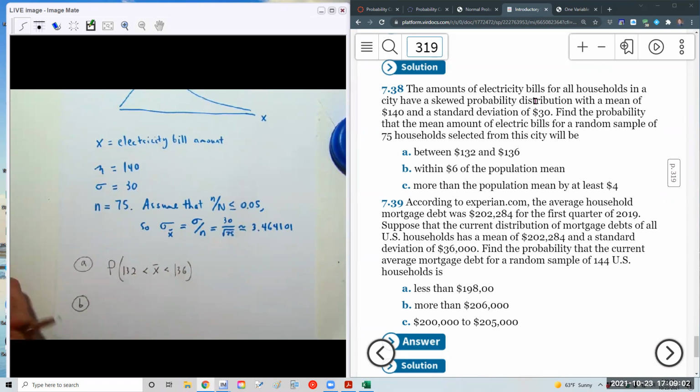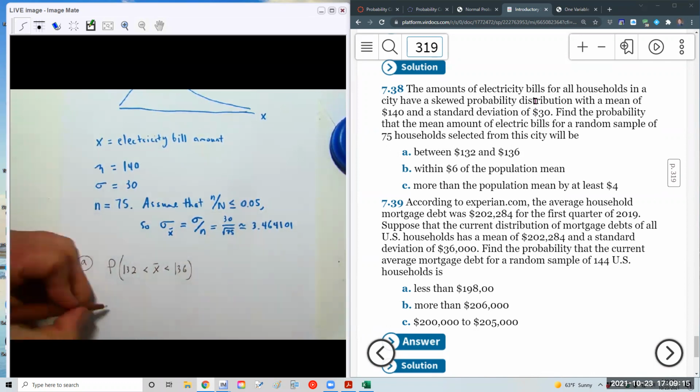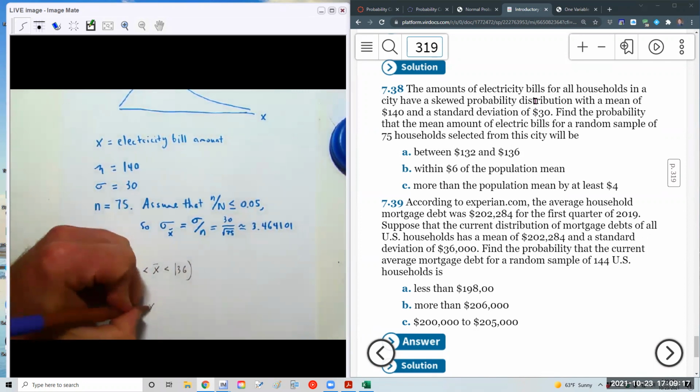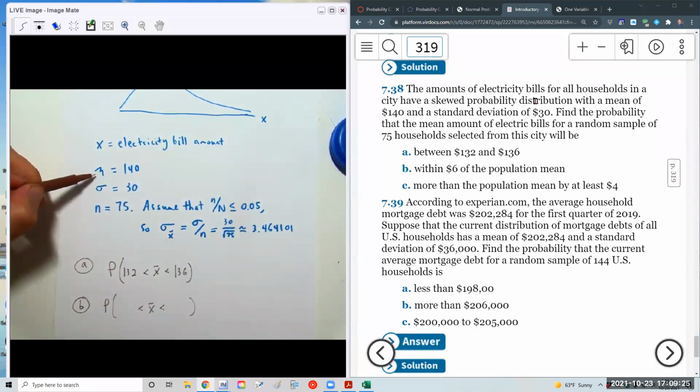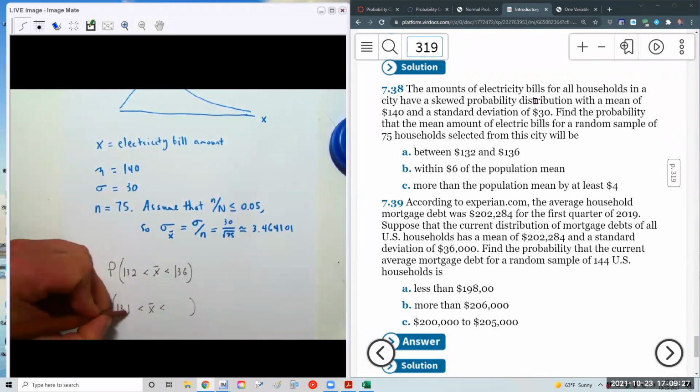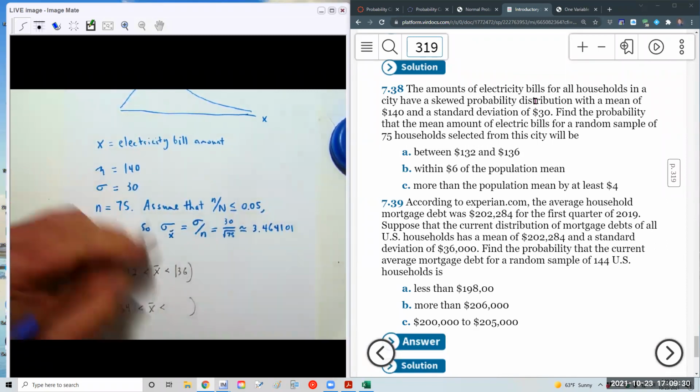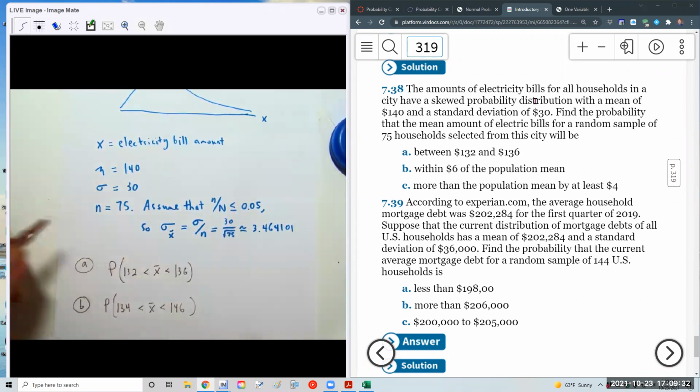Now we want to find the probability that x bar is within $6 of the population mean. So that means within $6 above or within $6 below the mean. So that's asking us to find the probability that x bar is between, I'm just going to take the mean and subtract 6, so 134, and add 6 to the mean, 146. So that'll give us the probability x bar is within $6 of the population mean.